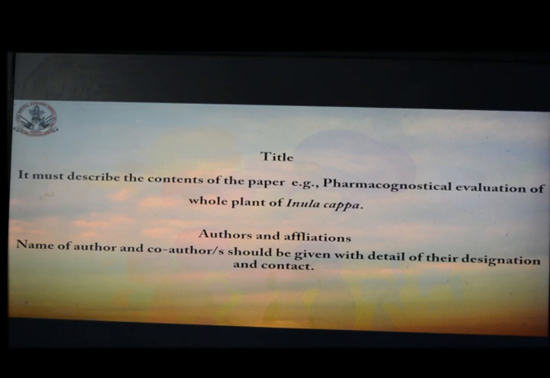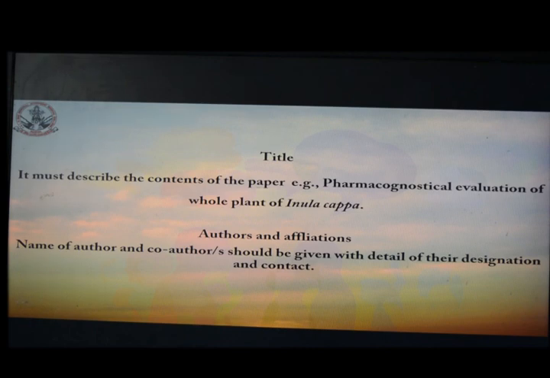Pharmacognosy means collection of materials from the specific area, then your macroscopic and microscopic study, that's about all your morphological studies and anatomical studies, and then after that chemical studies. So these are all parts of pharmacognostical evaluation. So this title itself describes the contents of the paper.